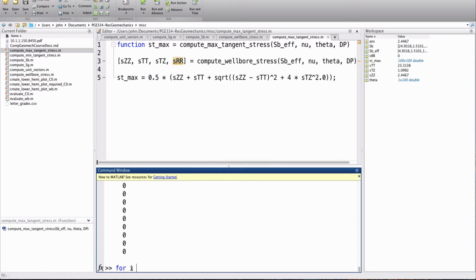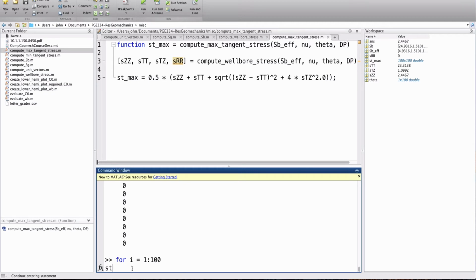So for I equal to 1 to 100. Help me out. I don't write much Matlab. Is that right? Yeah. So it's I equals 1 to 100, right?